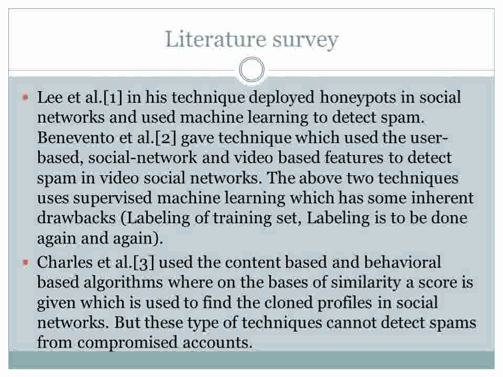In another work, Charles et al. used the content-based and the behavioral-based algorithms, where on the basis of similarity, a score is given which is used to find the clone profile in social networks. But these types of techniques cannot detect spams from compromised accounts.